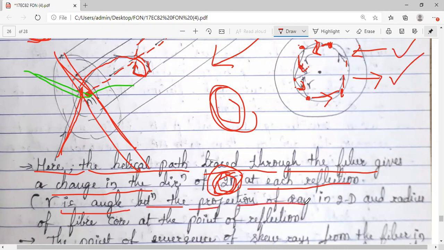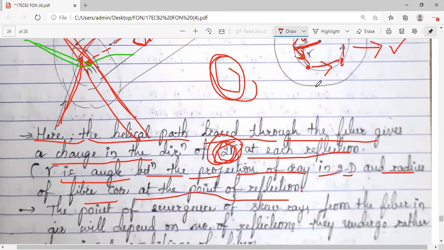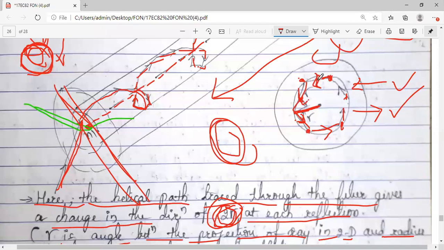Gamma is the angle between the projection of the ray in two dimensions and the radius of the core. This is the radius and this is the projection. Projection is nothing but the path at the point of reflection. These are the points I have shown you here: 1, 2, 3, 4, 5, 6.